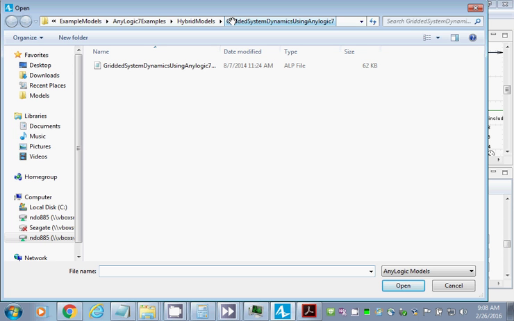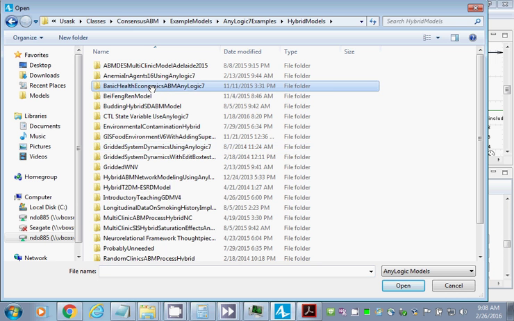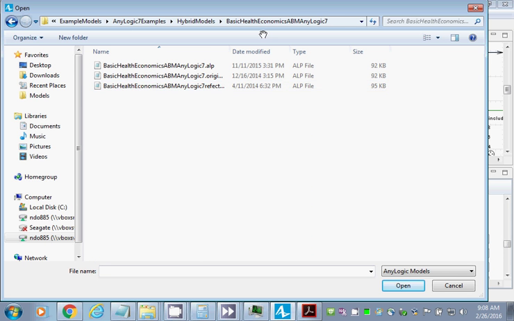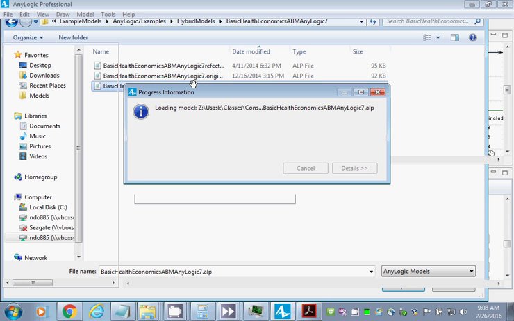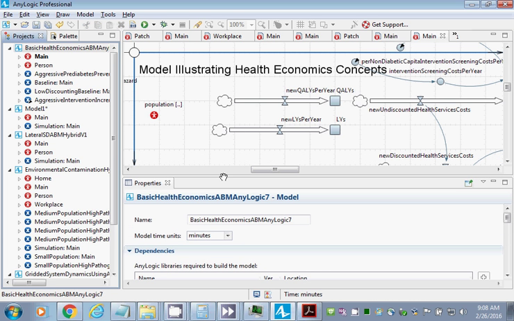as another hybrid model. So here we have a pretty vanilla agent representation. And this agent representation of diabetes and end-stage renal disease includes certain factors aimed at health economics in nature.